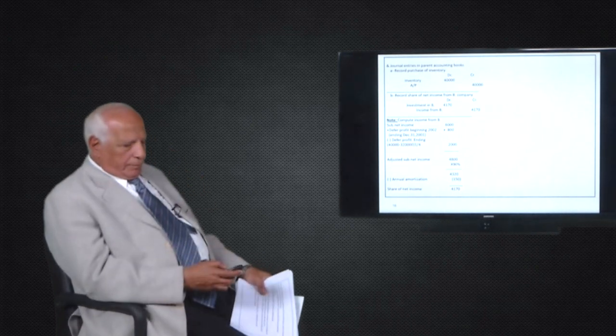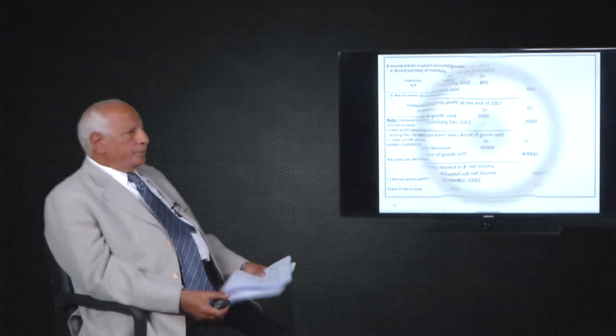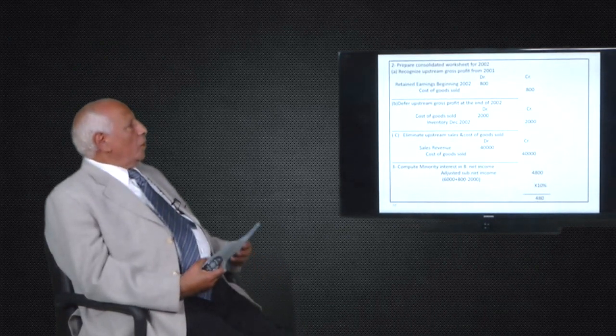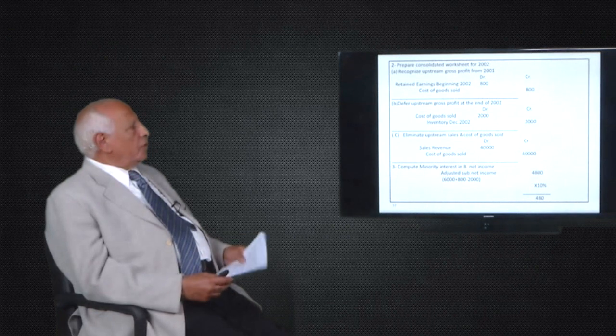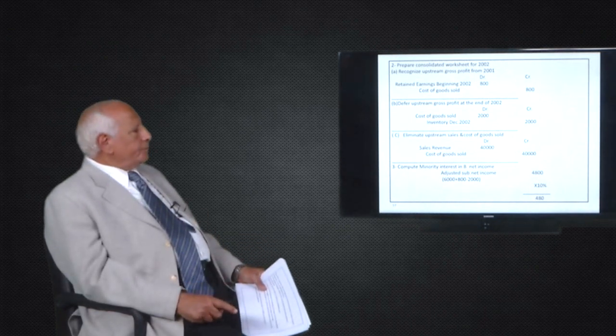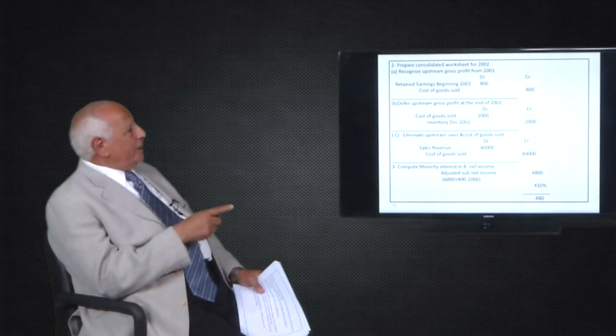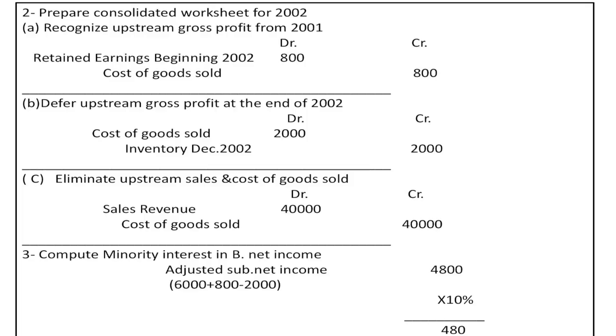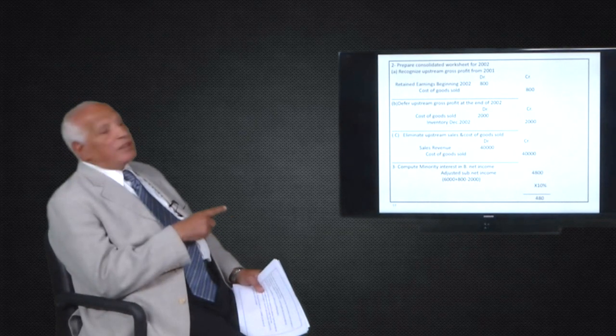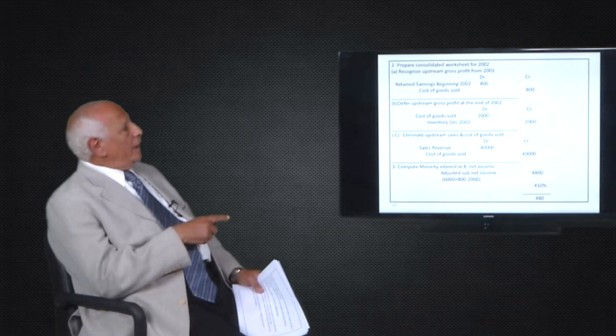Let's continue. Consolidation worksheet for 2002, second year. We're going to recognize the upstream gross profit from 2001, which is 800, remember?